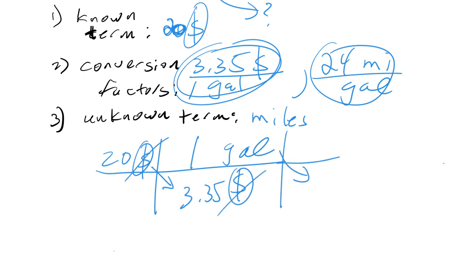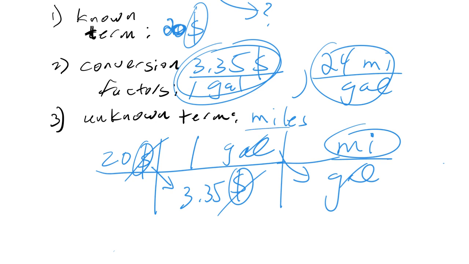Then gallons, bring gallons down, and hopefully I'll be left with the unit that I'm looking for, miles. So it's 24 miles per gallon.